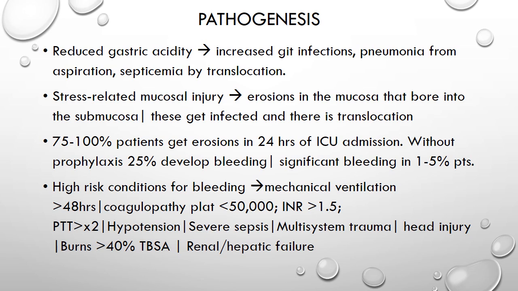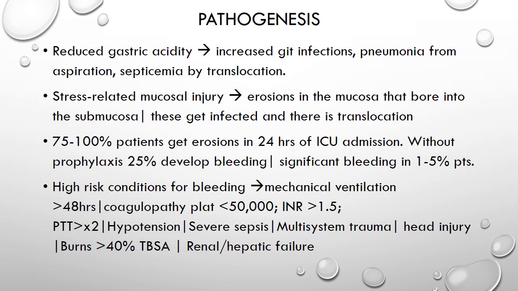Usually 75 to 100% of your patients get erosions within 24 hours of an ICU admission. And without prophylaxis, 25% of these patients can actually develop bleeding, and 1 to 5% of patients could have significant bleeding.